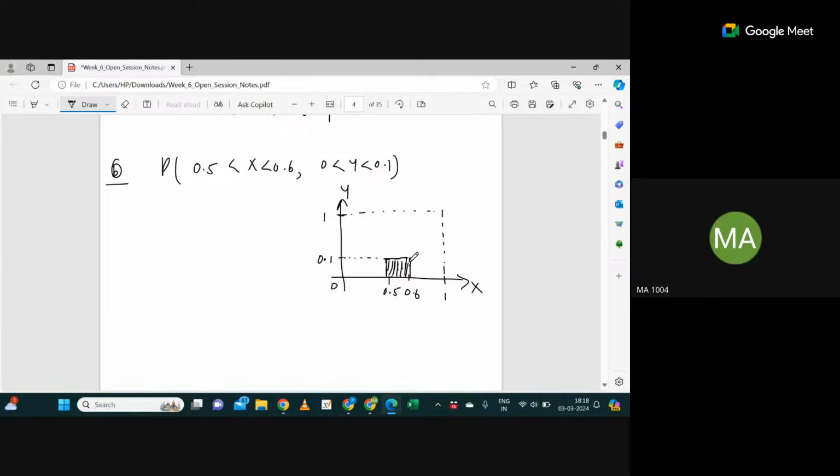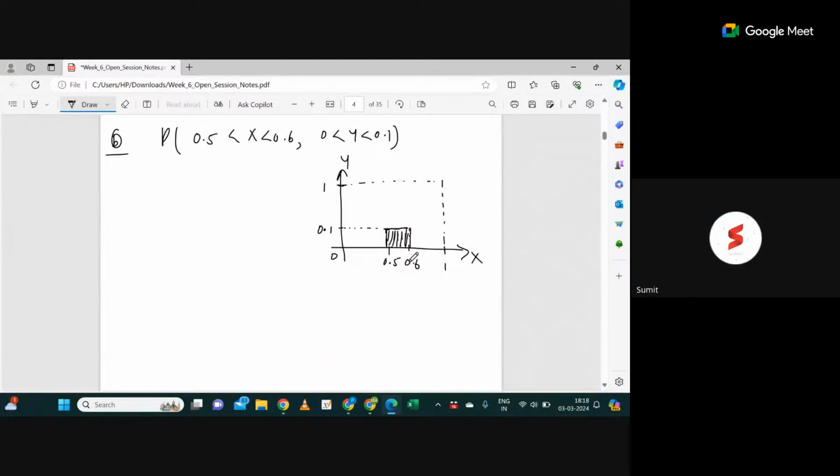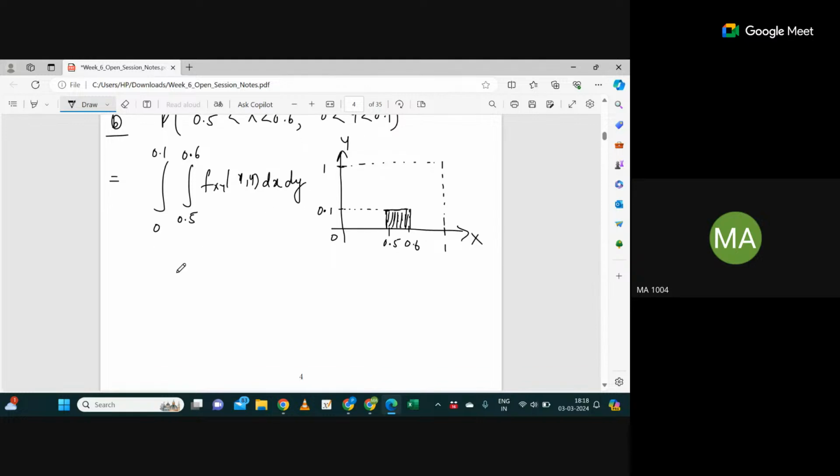Yes, sir. Correct. So what do we have to do here? Can you calculate this? So if I say 0.5 to 0.6 of f(x,y) for x, then this is the limit for x. So I have to put dx first, then 0 to 0.1, and then I will put the dy at the second one, right?